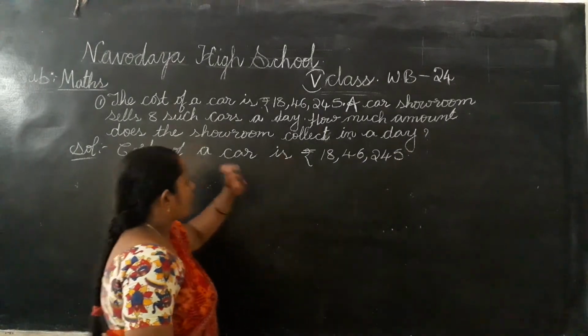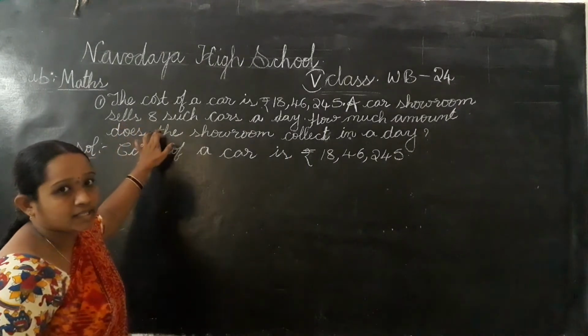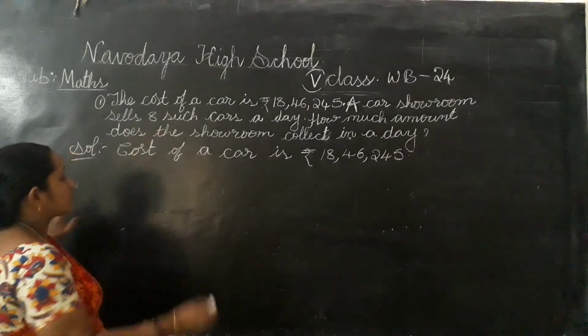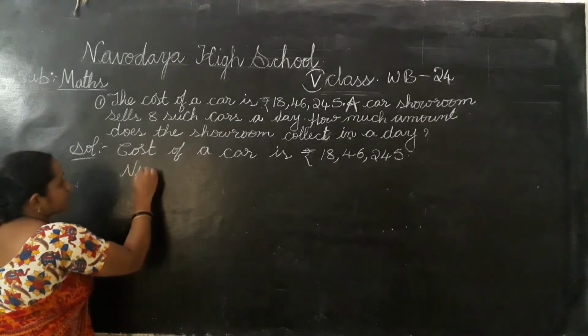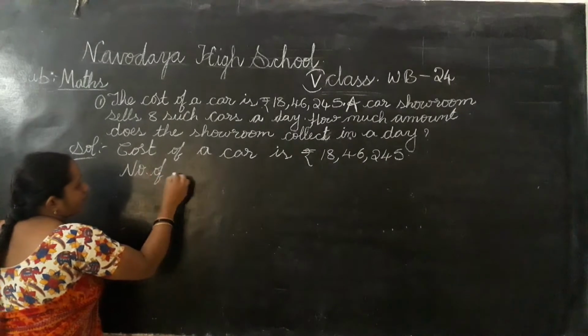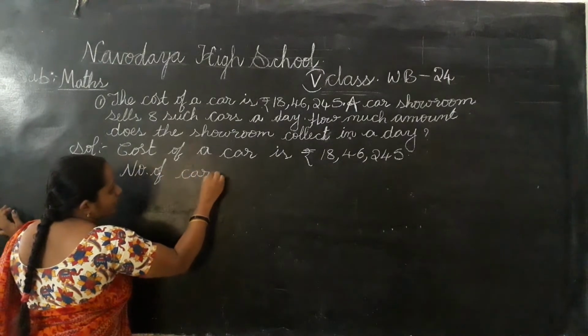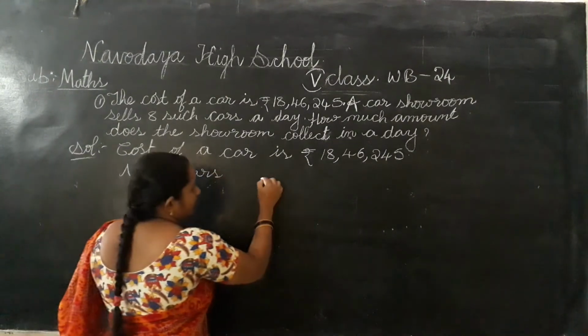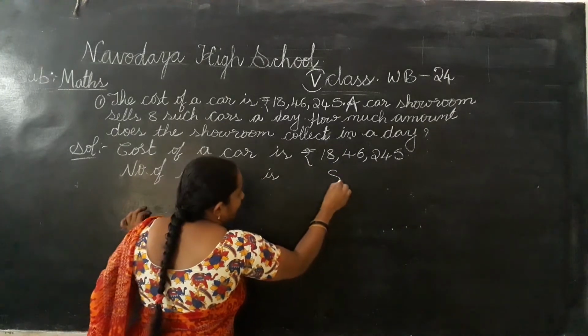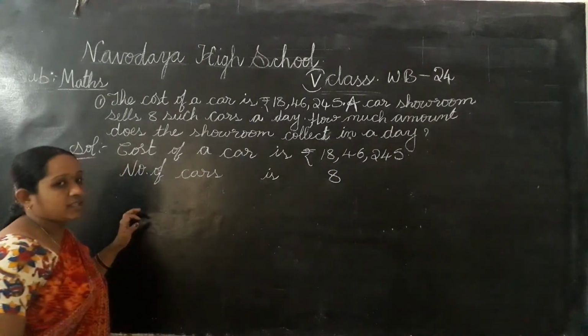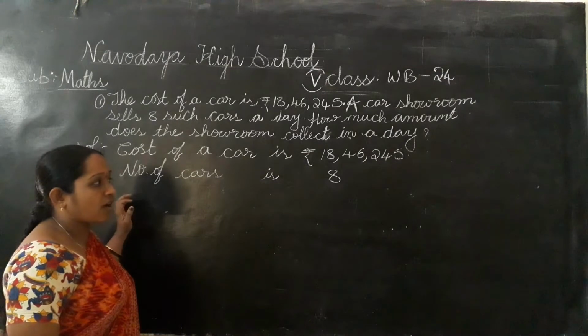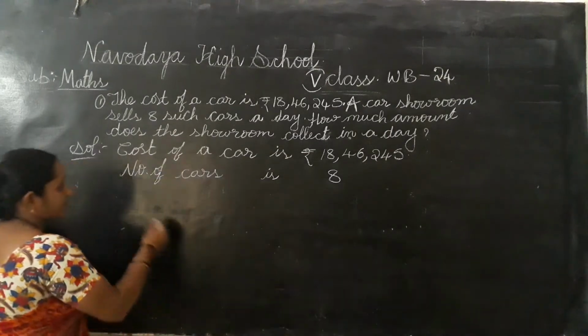Next, a car showroom sells how many cars? 8 cars. So number of cars. How many? 8.